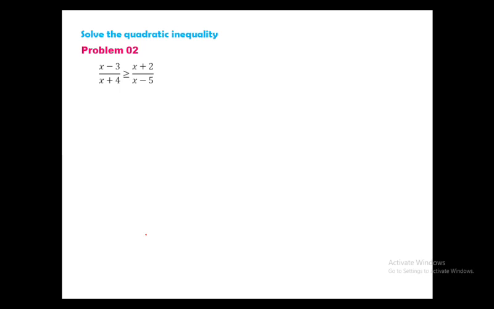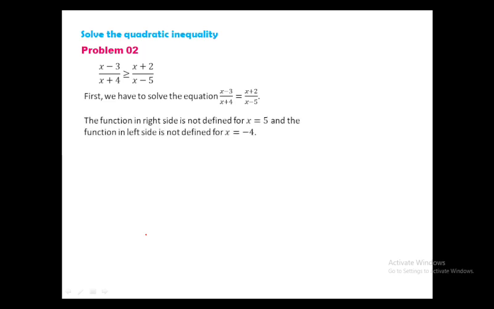Okay. Then we can look at the second inequality. It's somewhat tedious, as it is a form of rational function, so we have to work on it more cautiously. First, we put the equal sign there, and we check for which values the function is not defined. For any rational function, the function is not defined for the x values whose denominator is 0.